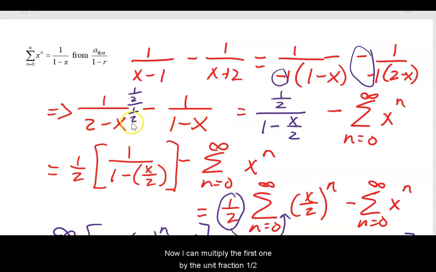Now I can multiply the first one by the unit fraction 1/2 divided by 1/2, which is just equal to 1, in order to convert that 2 into the number 1. I must have both a 1 in the numerator and a 1 as the first part of the denominator in order to get it into this power series formula.